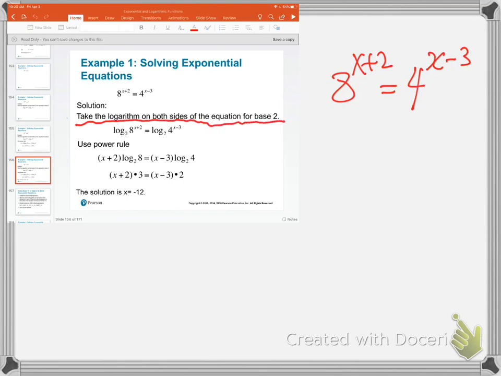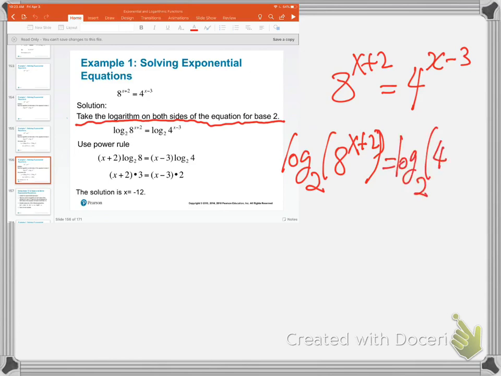In my first method, we use base 2. We change 8 to 2 cubed, 4 to 2 to the second power. So now we just use log. So log base 2 of the left hand side is equal to log with base 2 of the right hand side.